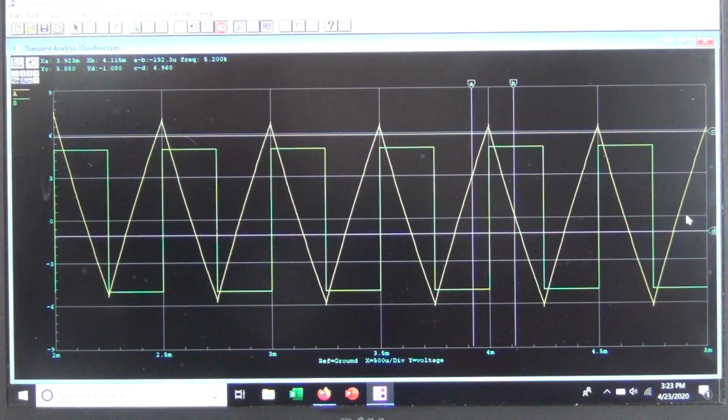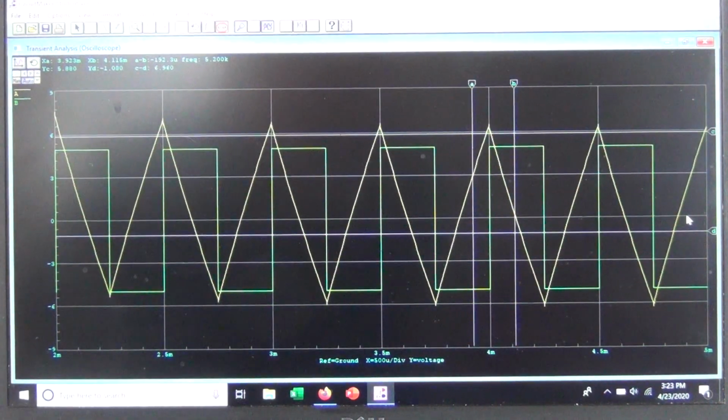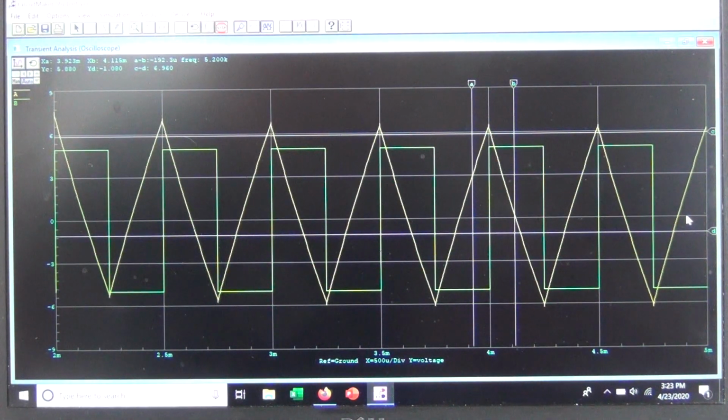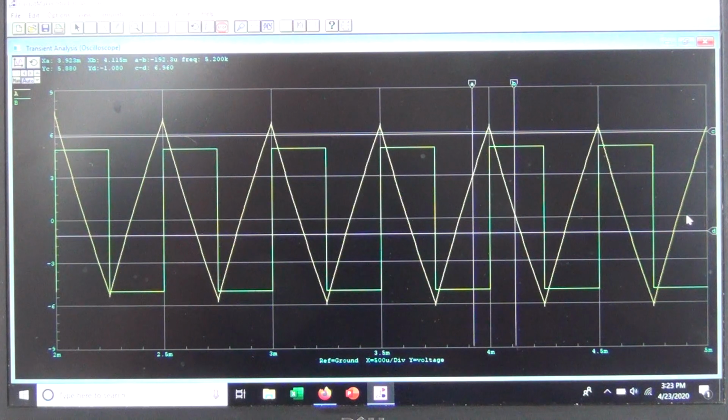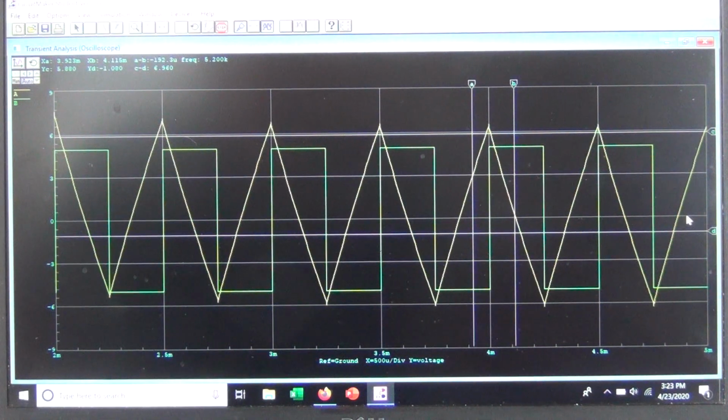And as you can see, the green input, the square wave, which goes from -5 to +5 volts, charges up the capacitor in one direction with a positive ramp or positive slope, and then when the signal goes down the opposite way, it charges it with a current coming back the opposite way, which causes the voltage to decline.